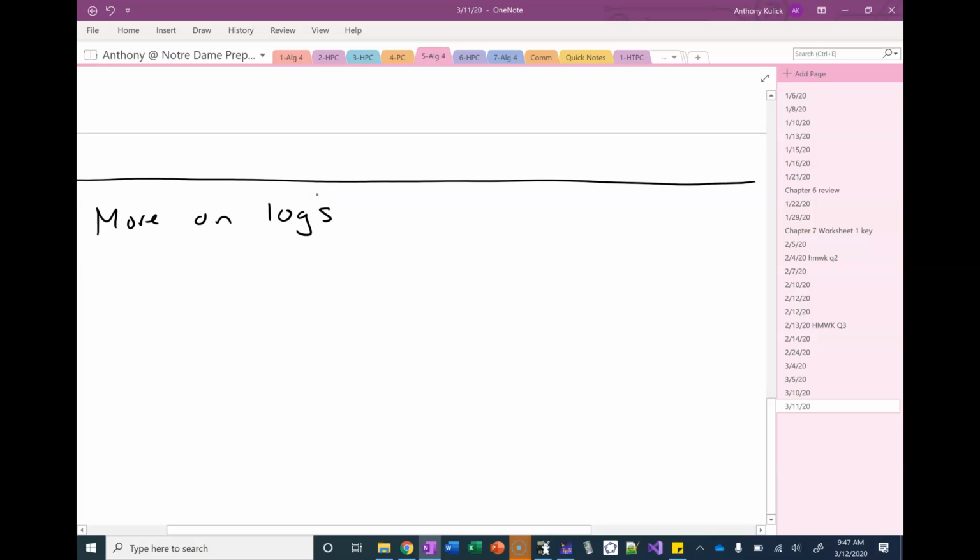So we're going to continue talking more about logarithms today. Before we get started here, though, I just want to recall our definition.